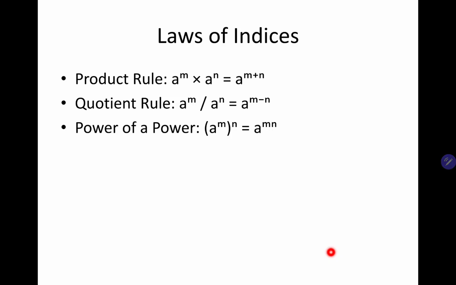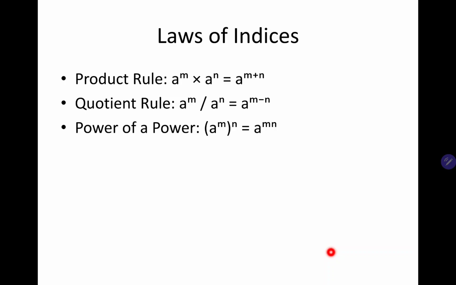We talk of the laws of indices. You have the product rule, which I like to call the first law of indices. The product rule says that when you raise a base to an index and multiply it by the same base raised to another index, you can add both indices on the base.